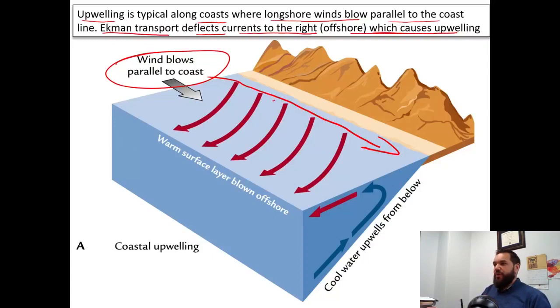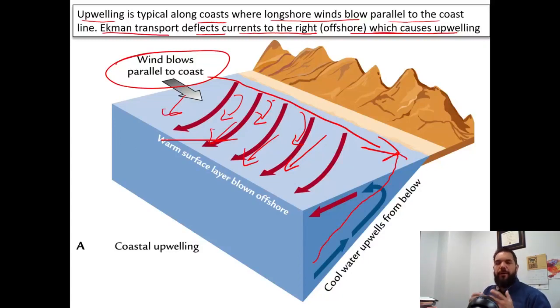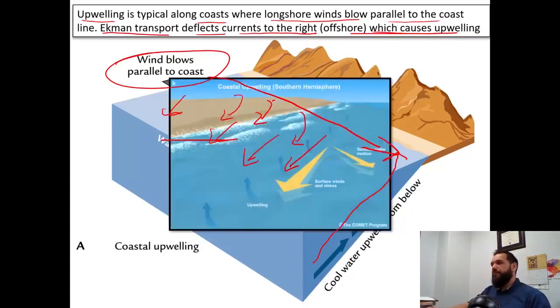So you get the surface wind, and you get water currents moving to the right like this, and that's going to cause a divergence in the water, right? So water's moving this way, moving off the coast, and as it moves off the coast, cold water from down below is brought in, and there's upwelling. So remember, whenever you get diverging water, you end up with upwelling.